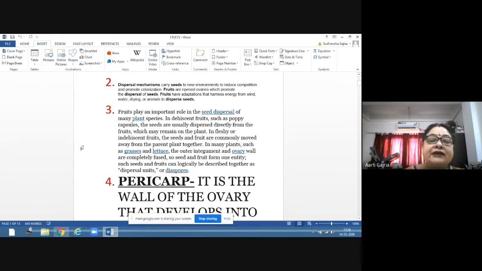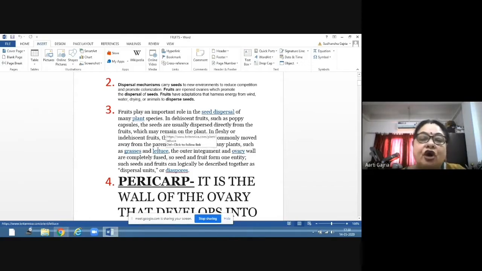In many plants such as grasses and lettuce, the outer integument and the ovary wall are completely fused. So seed and fruit form one entity. Have you understood this?